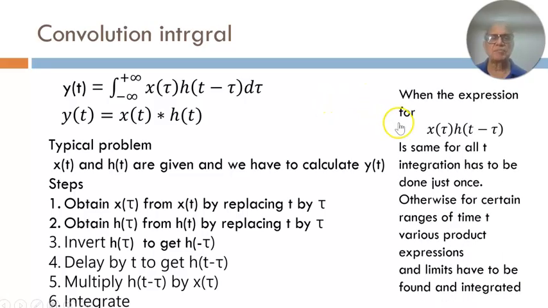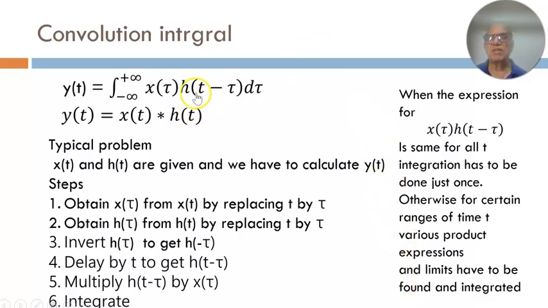Otherwise, for certain ranges of time t, various product expressions and limits have to be found and integrated. This will become clear when we perform a number of examples for analytic solutions to the computation of the convolution integral.